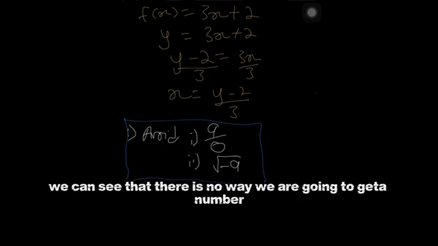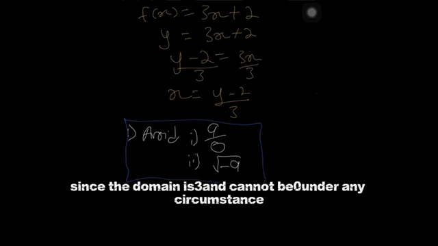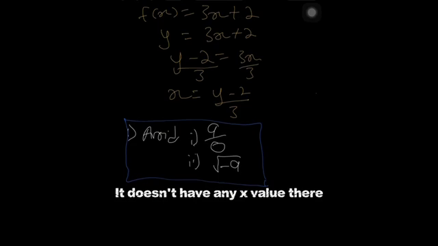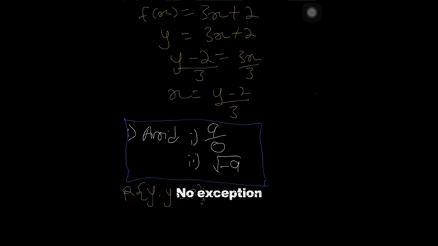Over here, there's no way we are going to get an imaginary number, since the denominator is 3 and cannot be 0 under any circumstance. It doesn't have any y value there, and there's no radical sign anywhere. So the range is y such that y is a member of all real numbers, no exception.